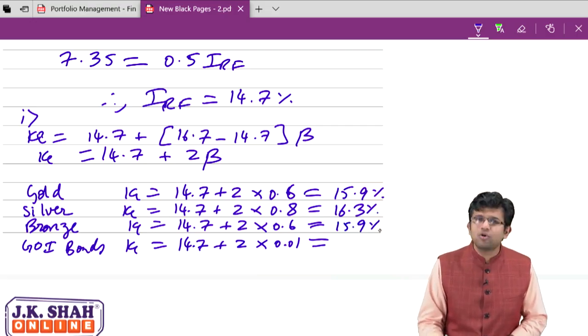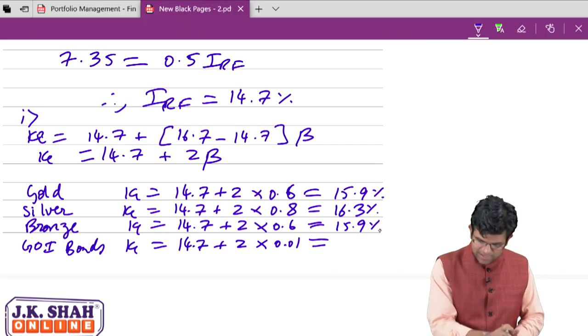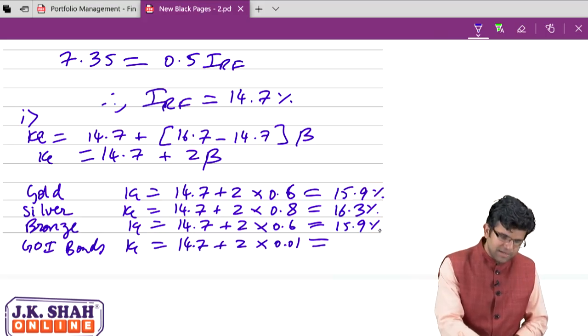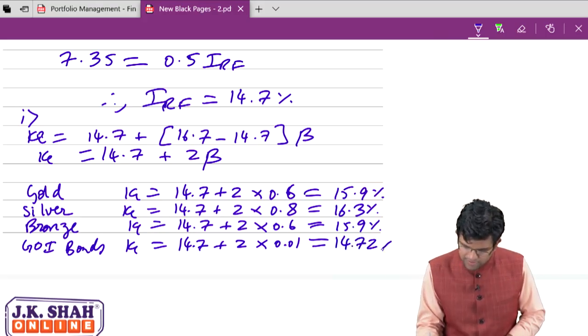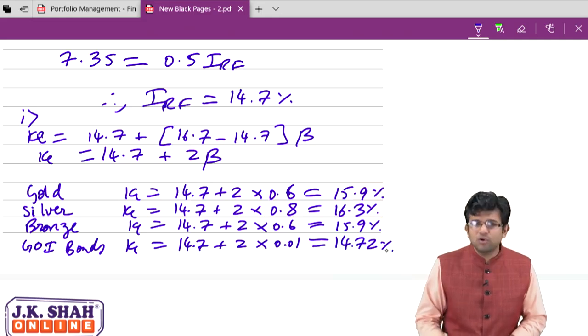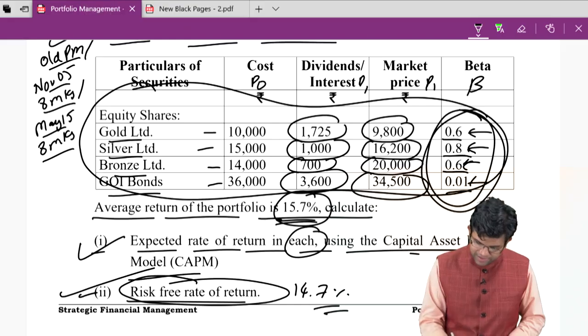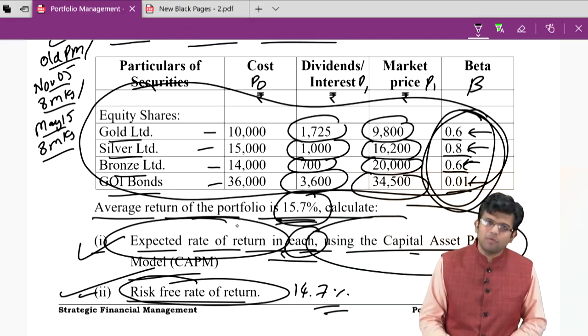Both bronze and gold will have the same KE because both have the same beta of 0.6. And the last one, Government of India bonds, 2 into 0.01 plus 14.7 will give me 14.72% for the GOI bond KE, correct? Okay students, so with this we get the individual expected returns for each using the CAPM model.